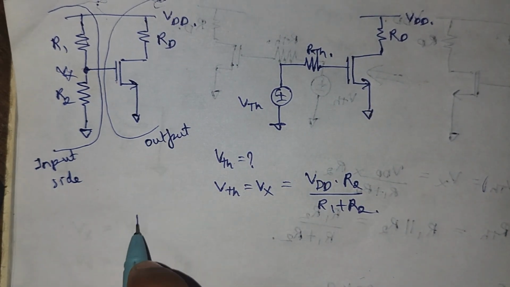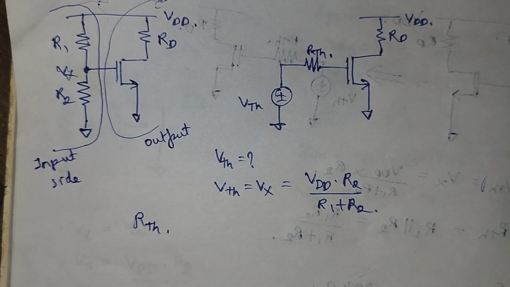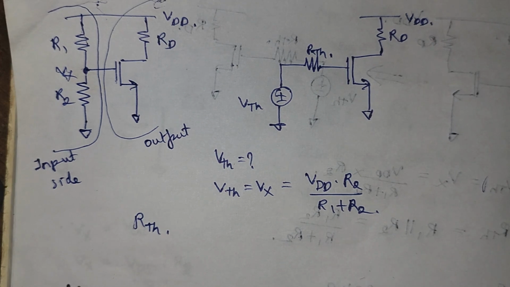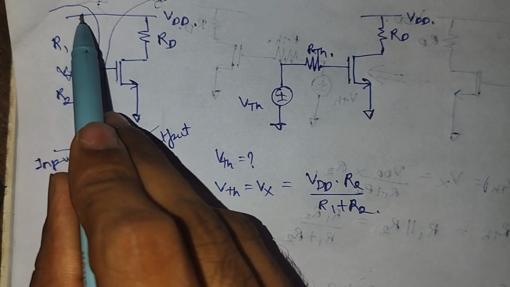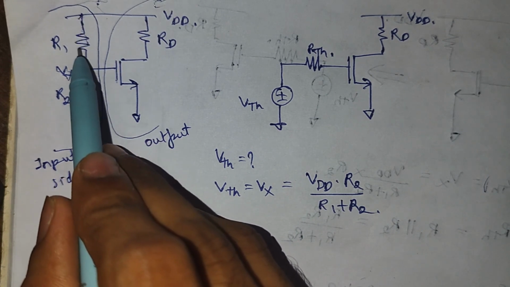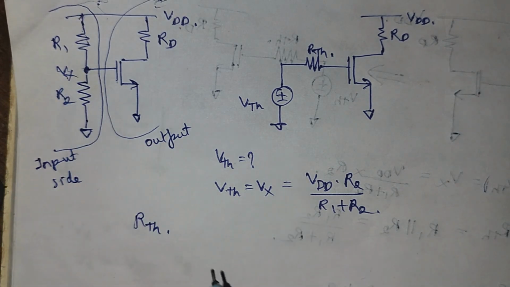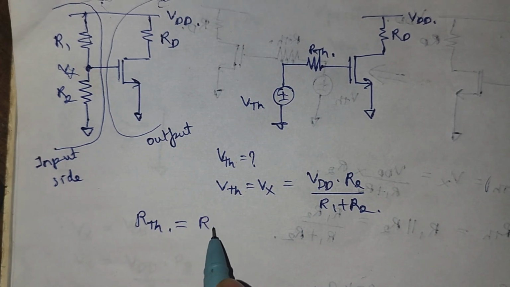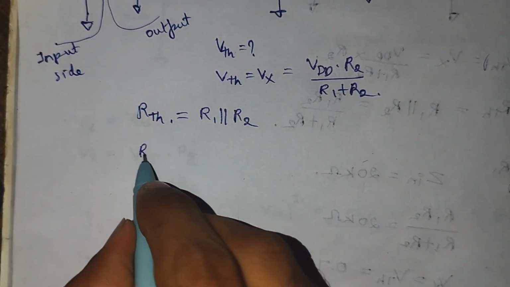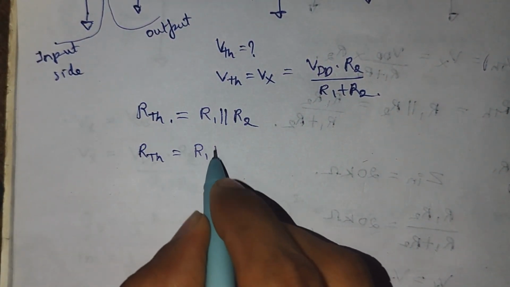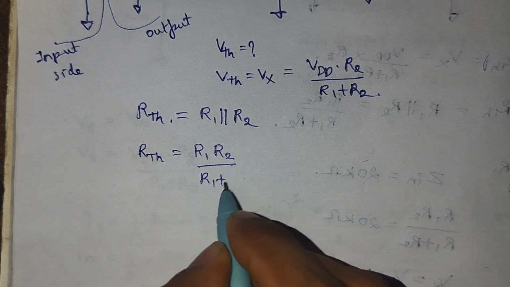To find Rth, we have to short all the voltage sources and open circuit all the current sources. When we short the VDD, R1 falls in parallel with R2, so Rth is given by the parallel combination of R1 and R2. Then we have Rth is equal to R1 into R2 divided by R1 plus R2.